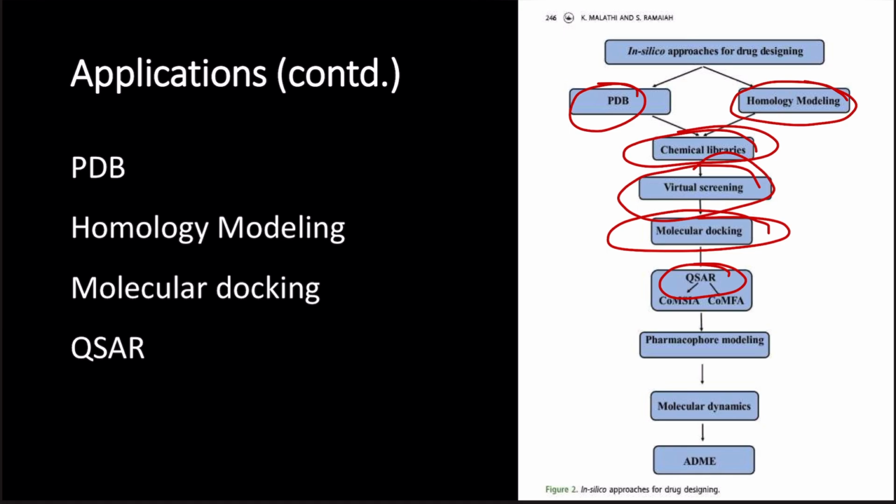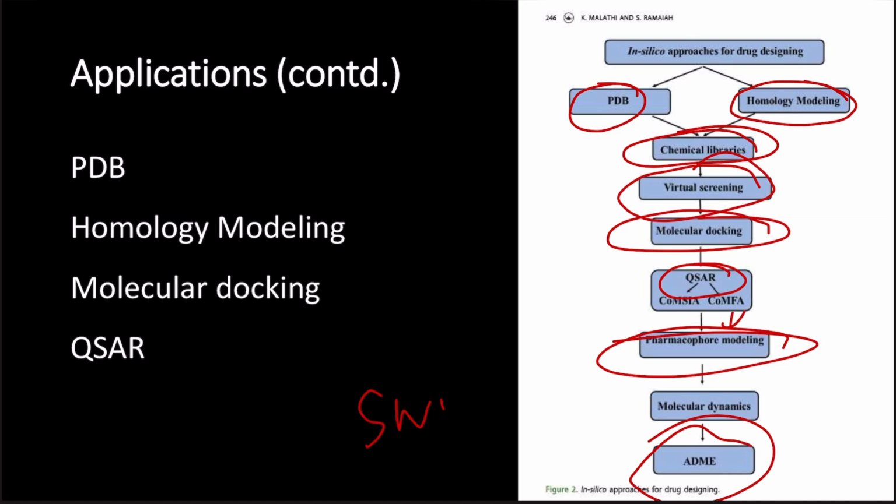And finally, we do pharmacophore modeling, with the help of which we find several other molecules having a similar structure, and as a result this helps in hastening the development of drugs. And finally we look at the absorption, distribution, metabolism and excretion profile of the drugs with the help of databases like SwissADME.